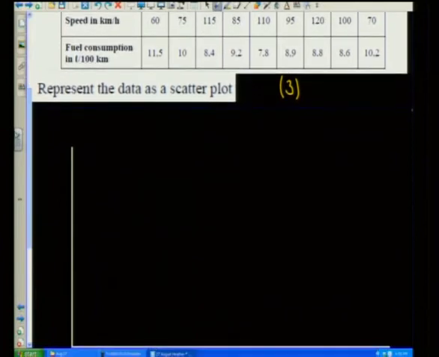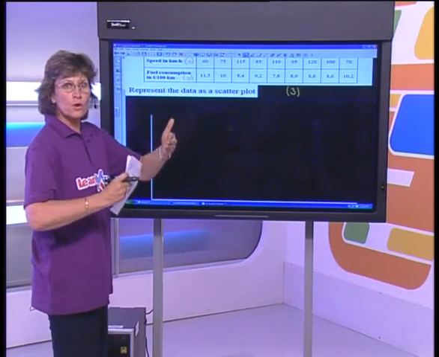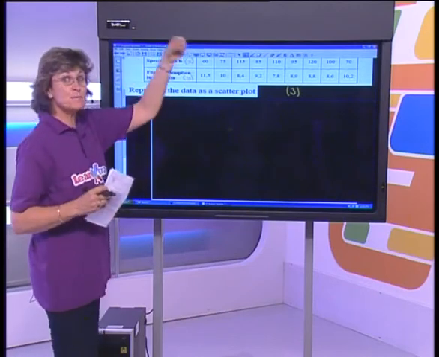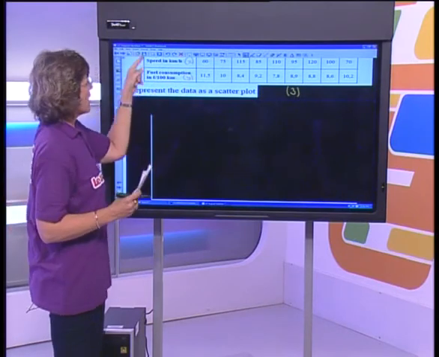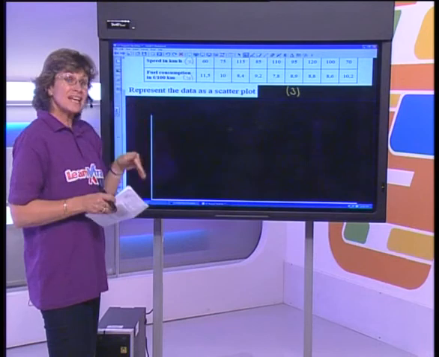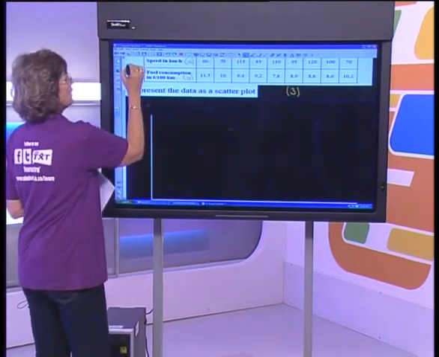All right, normally they do indicate which is X and which is Y. However, if they don't indicate, you must think to yourself, what are they trying to work with? They're trying to vary the speed to see the effect on the fuel consumption. So speed is going to be your independent variable, all right? So I'm hoping that you're along with me there.